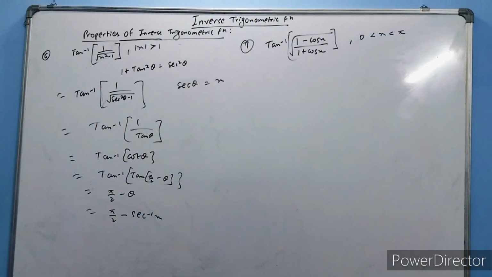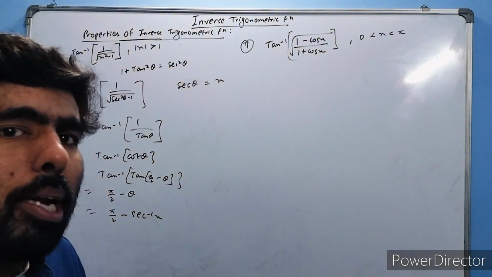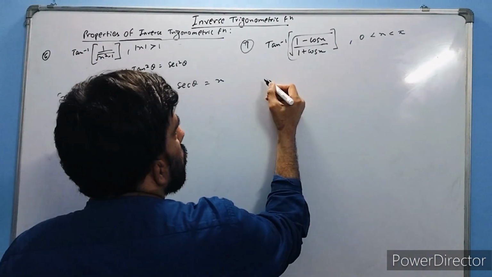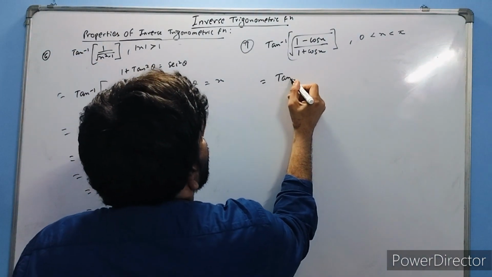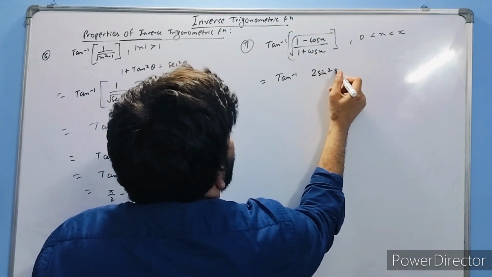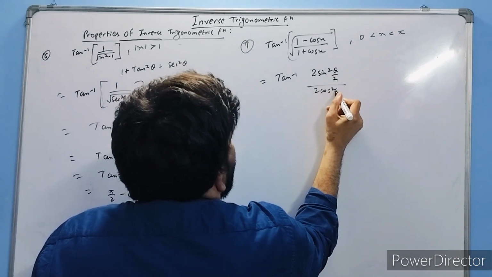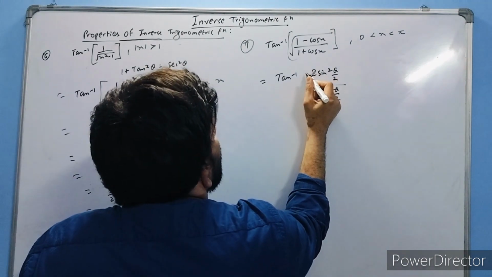Now we know the formula for cos 2x, that is 2 cos square theta minus 1 and 1 minus 2 sin square theta. So here I will try to put 1 minus cos theta as 2 sin square theta by 2, and 1 plus cos theta as 2 cos square theta by 2. So what will happen?